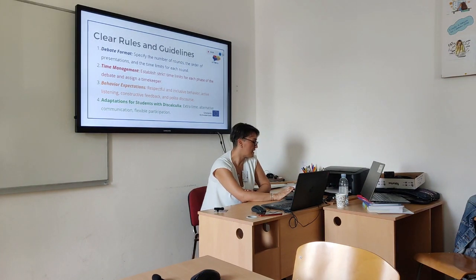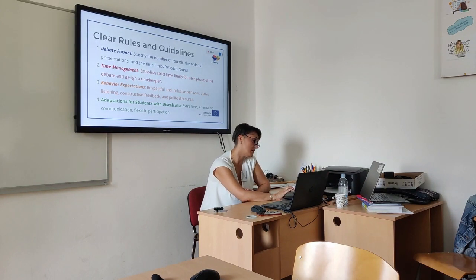Examples of adaptations. To illustrate, here are some adaptations you can consider for students with dyscalculia, as we talked previously. Extra time. Allow students with dyscalculia extra time to process information, formulate responses, or complete tasks during the debate.